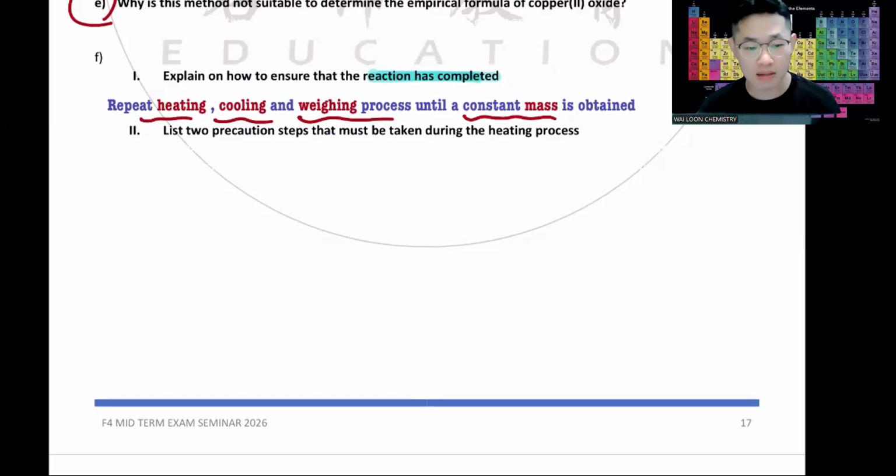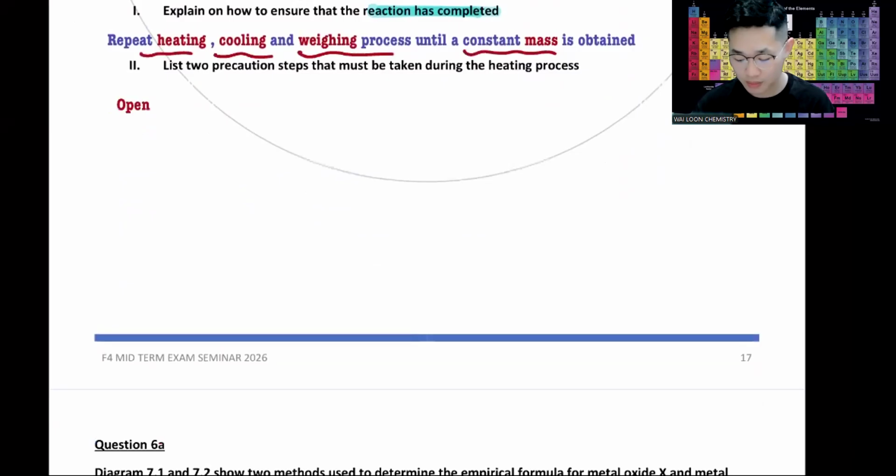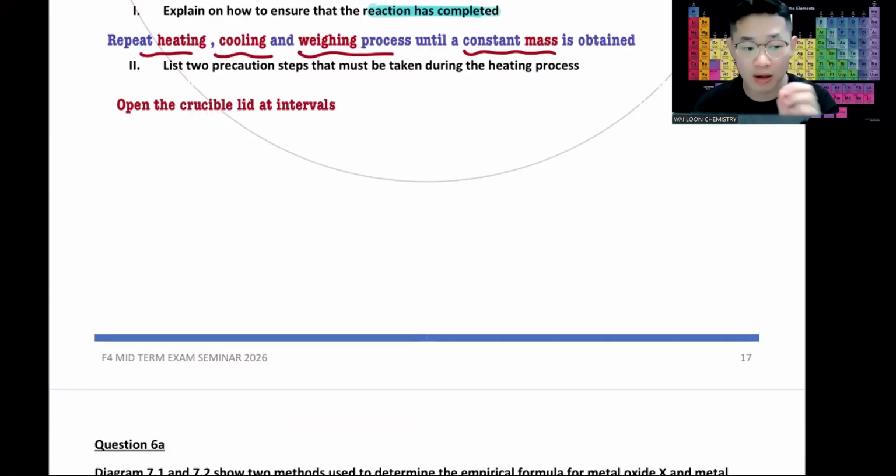List 2 precaution steps that must be taken during the heating process. During the heating process, what we went through just now was we have to open the crucible lid at intervals. That means from time to time you have to open it a bit.